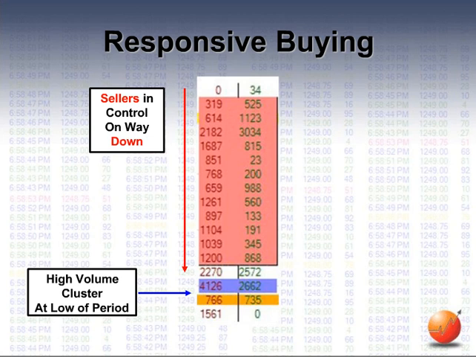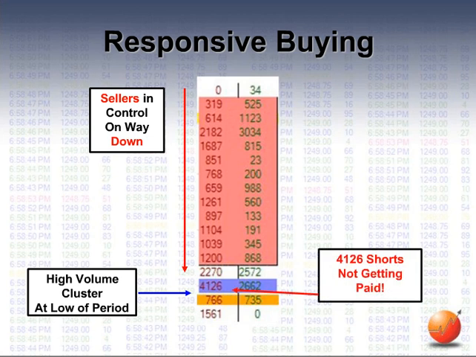But what we know right now is that there are an awful lot of sellers in the market. Okay? A lot more than came in at any of the places where those sellers are profitable. There's a lot more that have come in short. And what we know at this point is that because we've now upticked 2 price levels above where the bulk of those sellers are, we've got a lot of shorts in the market that aren't getting paid.